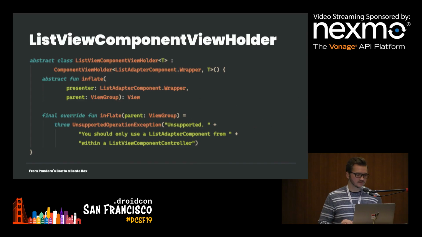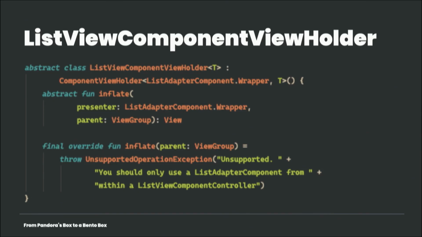This ListView component view holder is what actually extends the Bento component view holder. And we add our own new inflate method that has a reference to the presenter. So in our ListView component controller, the thing that calls the inflate and bind methods, the component controller will know that the ListView component view holder is a special type, and it will avoid the normal inflate method, and instead call this inflate method that has the presenter and the parent view group.